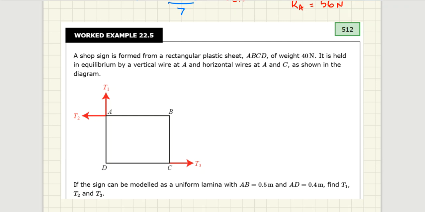Let me just, because this often comes up and maybe we don't talk about it enough in class. It says here, if the sign can be modelled as a uniform laminar, and then maybe the last question, what would be one limitation of this model? Okay. That it's not uniform.